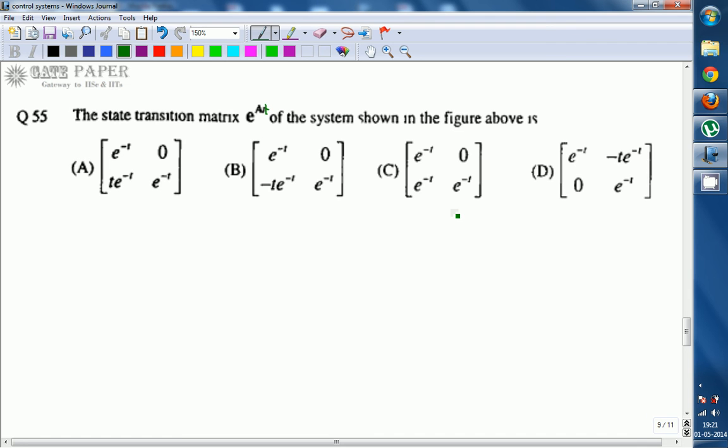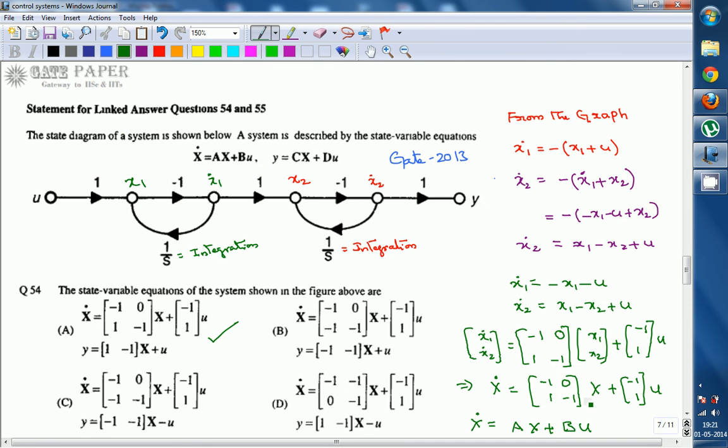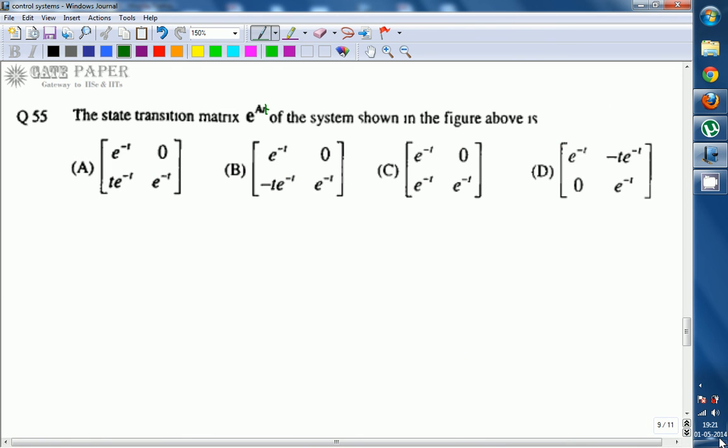In order to find the state transition matrix, we need the capital A here. That's what we got from the state variable equation, that is A equals to -1 0 1 -1. The state transition matrix, e power capital A t, is represented with phi of t.